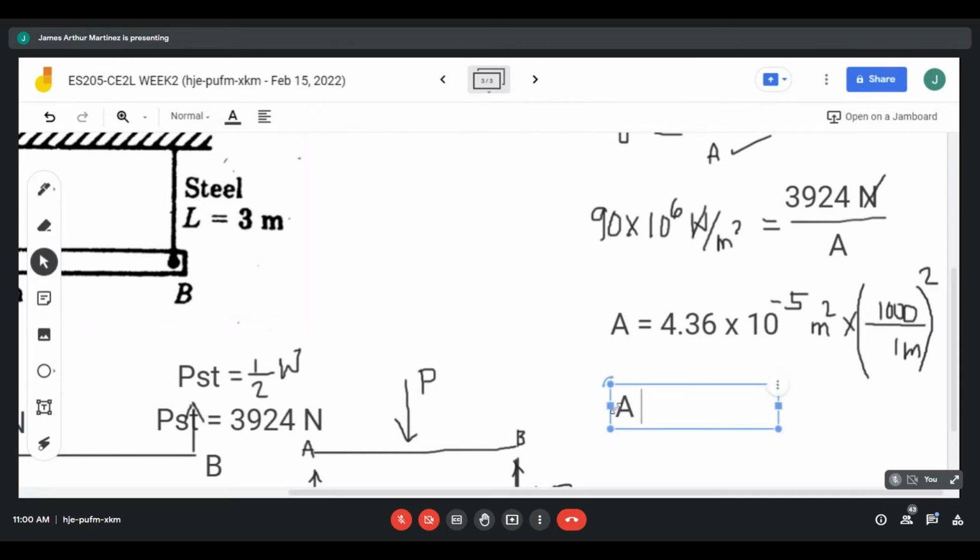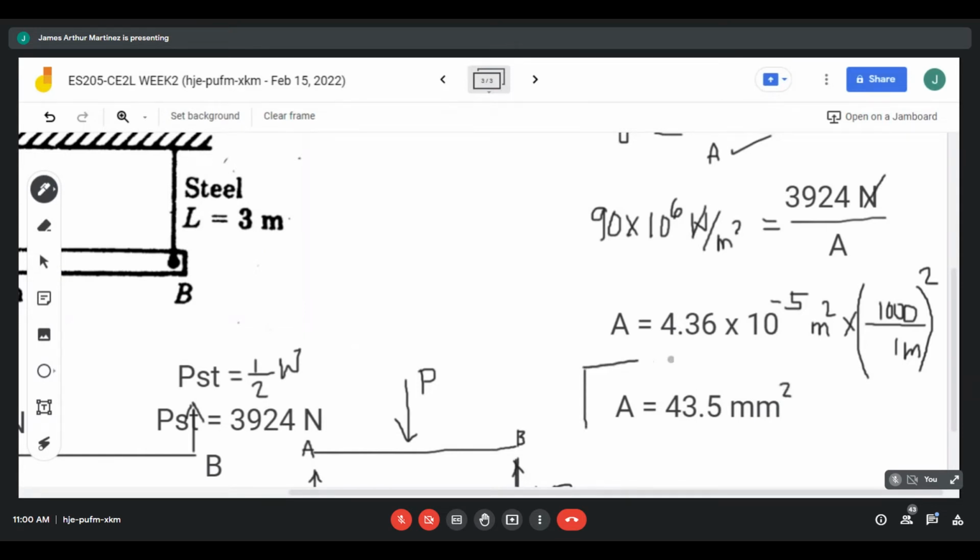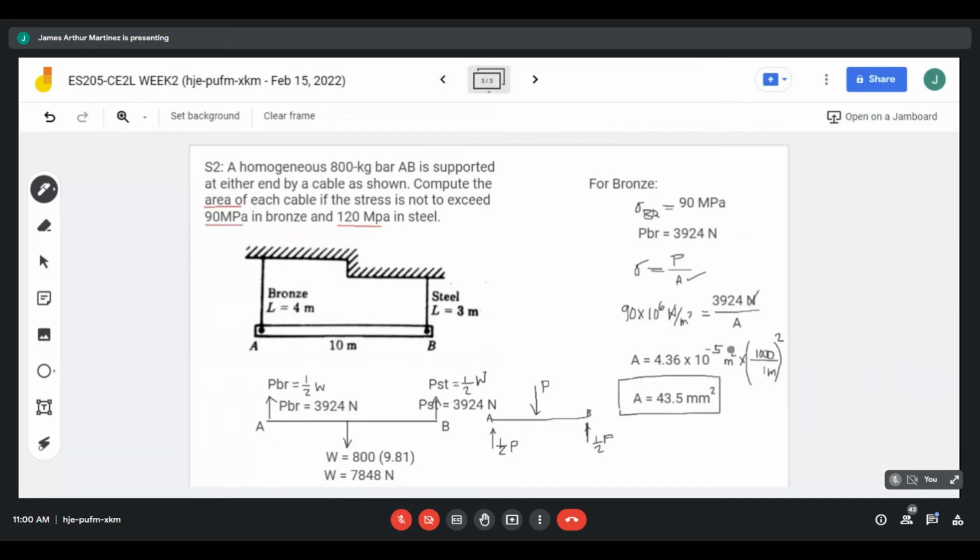Therefore, you have an area equal to 43.6 millimeter squared. Okay?